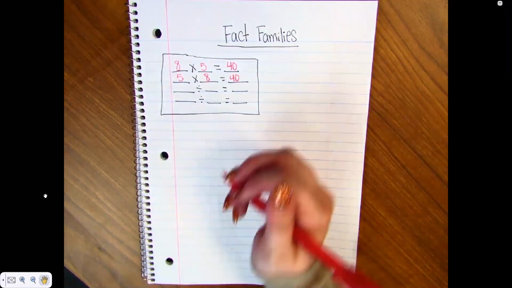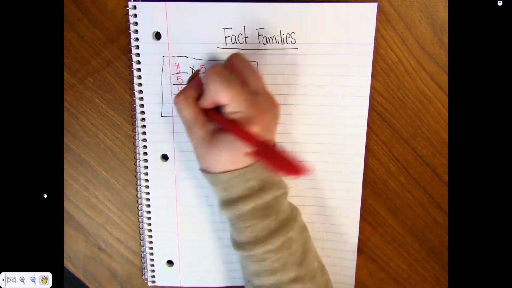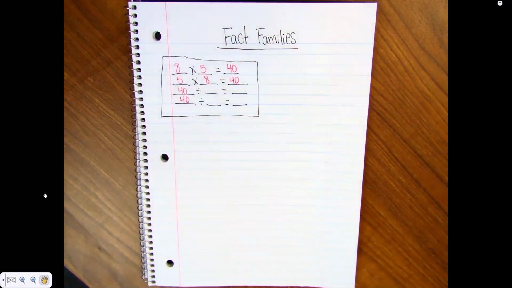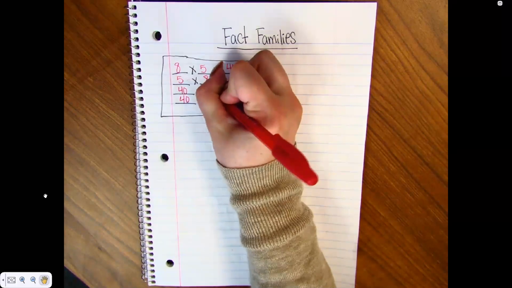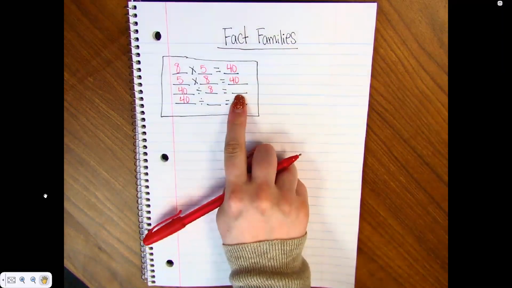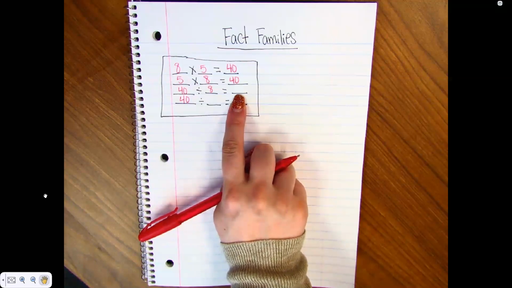All right, so now I'm going to divide. My 40 is going to go in the front. If my 40 goes in the front and I put my 8 here, what would this equal? What would be 40 divided by 8?